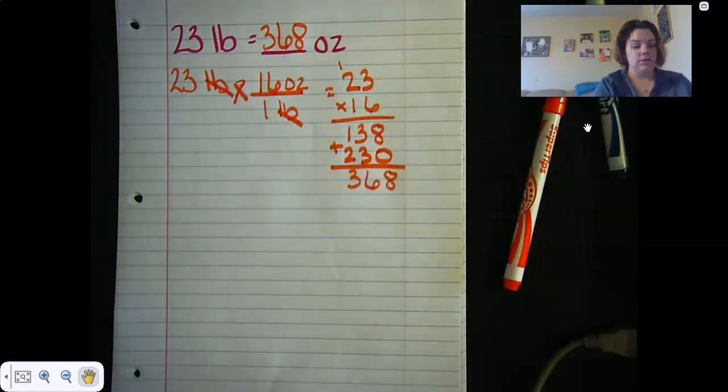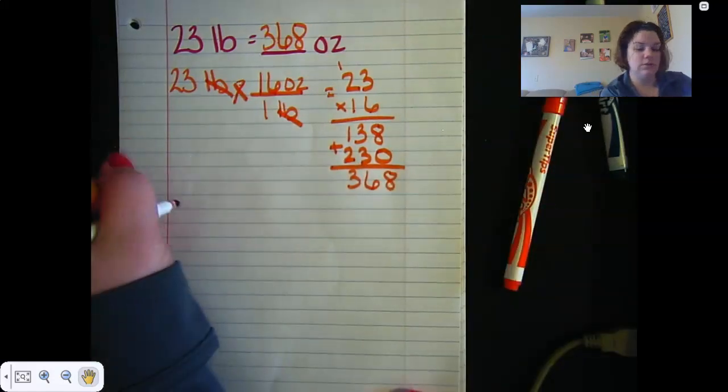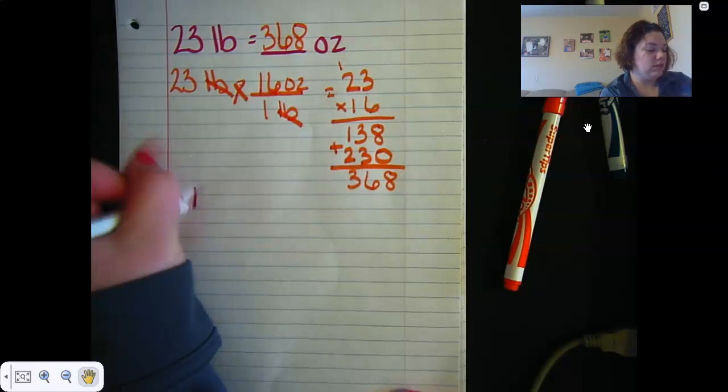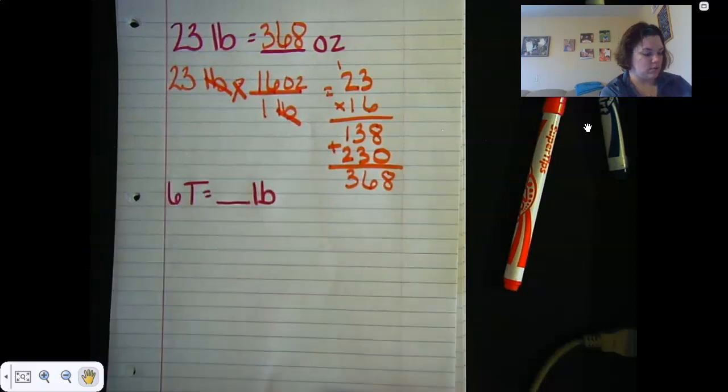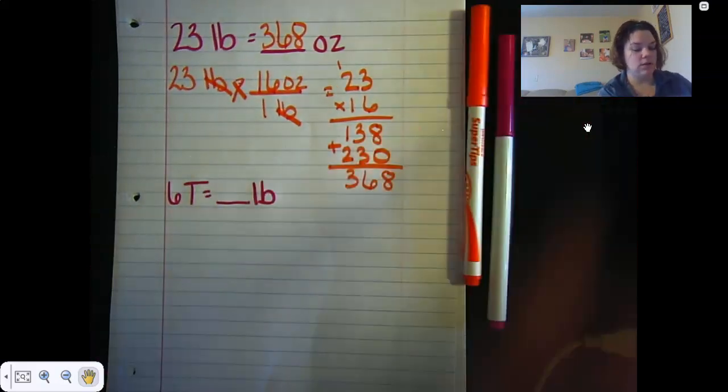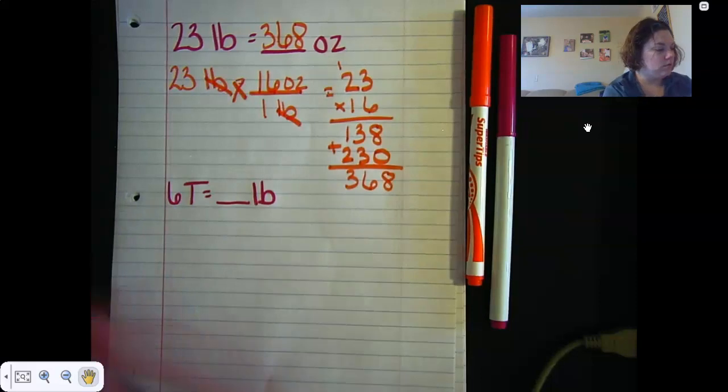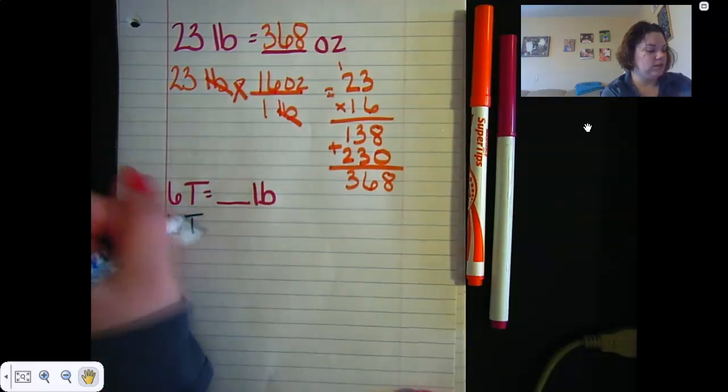Right? So now we have the question. 6 tons equals how many pounds? Okay, well, let's go. We start with 6 tons.